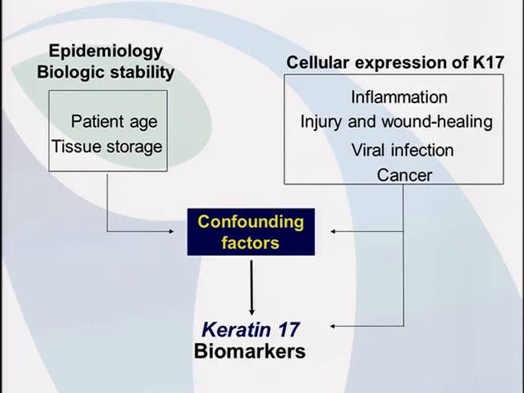According to the literature, we know that sometimes the patient age or the time of tissue storage can influence the expression or the staining of a protein on a tissue. On the other hand, we went back to the literature to see what increases the expression of keratin 17. And we found that conditions such as inflammation, injury and wound healing, viral infection, and cancer can trigger the expression of this protein.